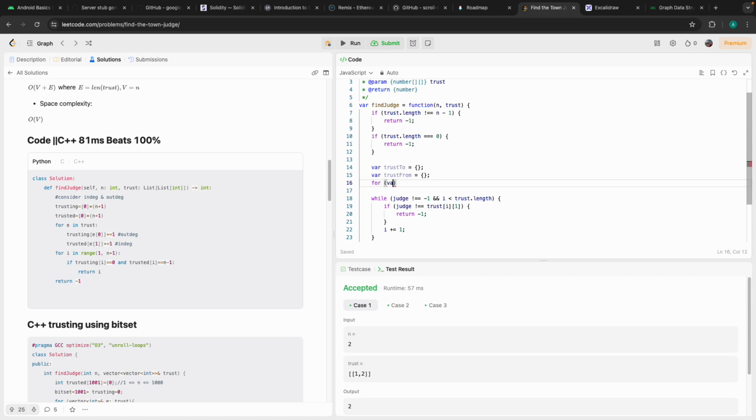For var i equals 0, i less than trust length, i plus equal.